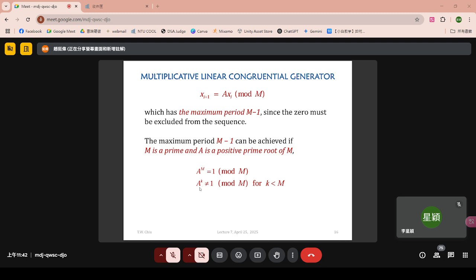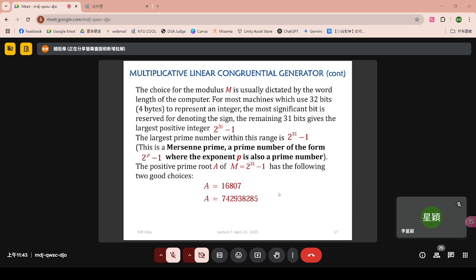And a^k is not equal to 1 for any k less than m-1, so it will not repeat. So the longest period is m-1. Now the main question is how to find a and m satisfying this condition.